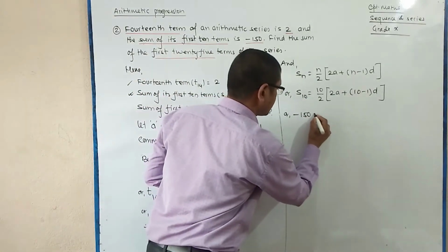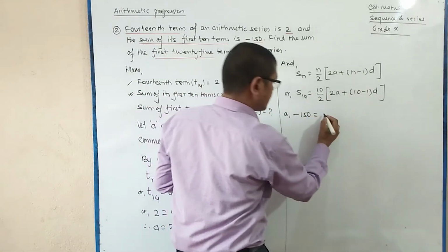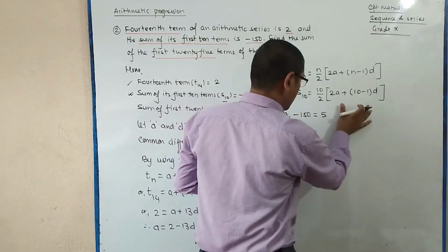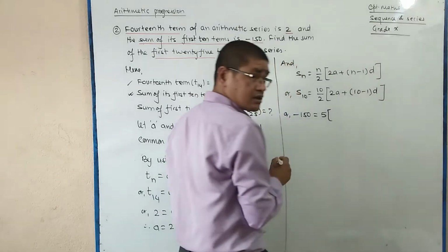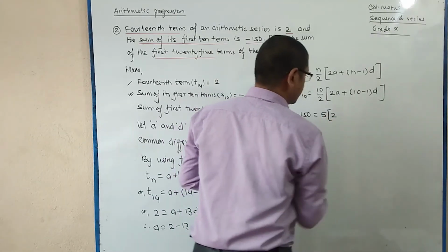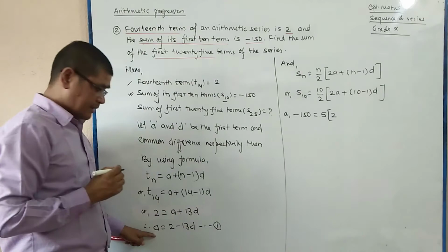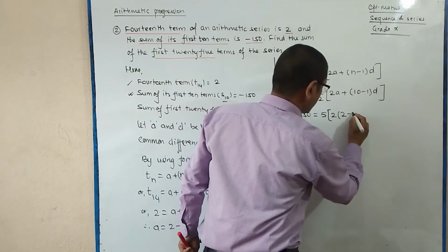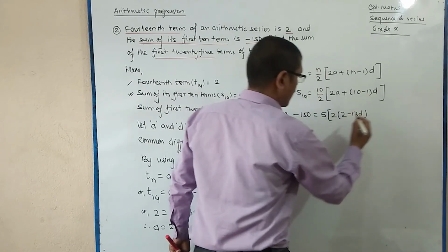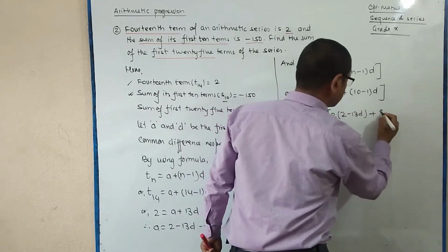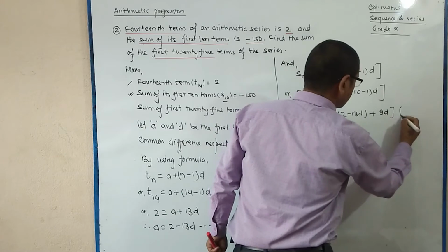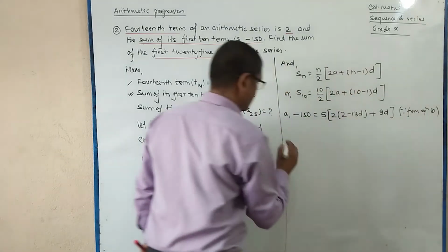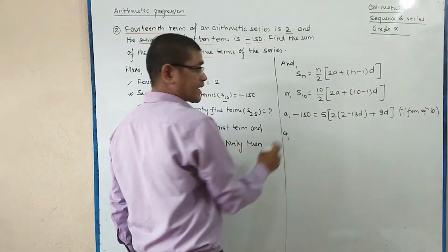Minus 150 equals, if we divide here, we get 5 times a bracket, and instead of A, the value of A is 2 minus 13D. So let's write here 2 minus 13D plus this 9D.